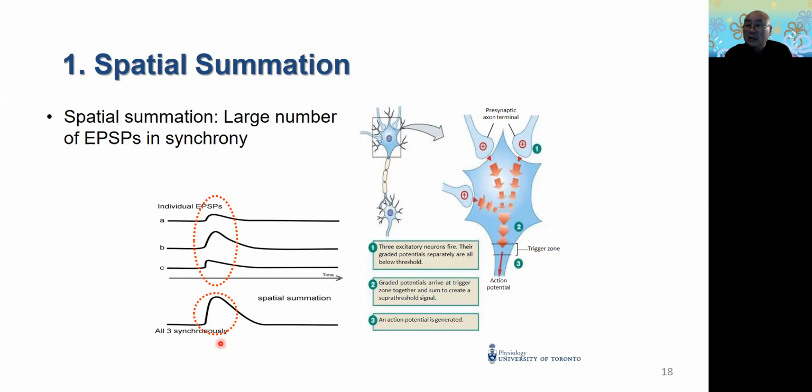This larger synchronous, spatially summated depolarization, or IPSP, is much more likely to still be above threshold by the time it reaches the trigger zone than any one of these individual ones. Does that make sense? I'm hoping that it does. This concept is an important one for you, so I'm hoping that you'll spend the time to make sure that you know the difference between this example, spatial summation, and the next example, temporal summation.